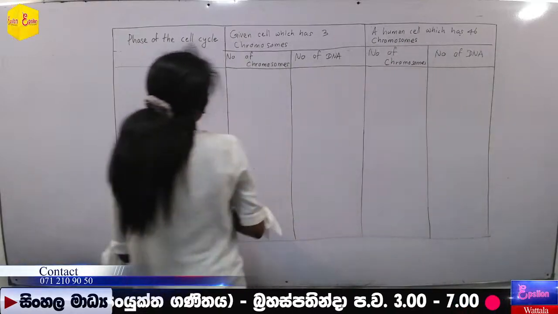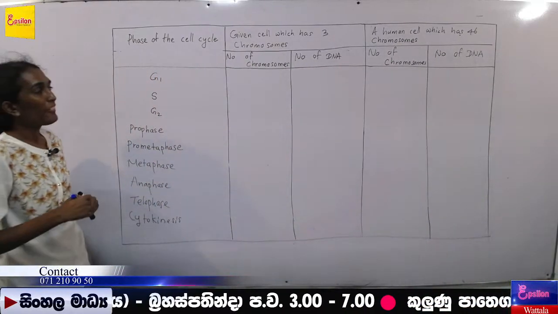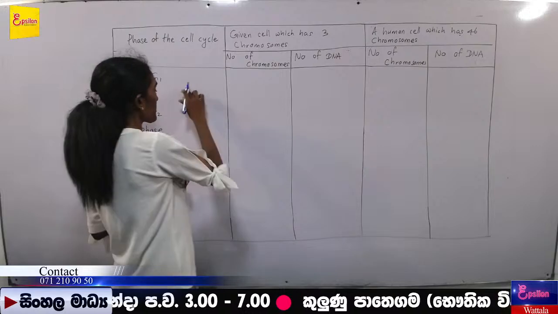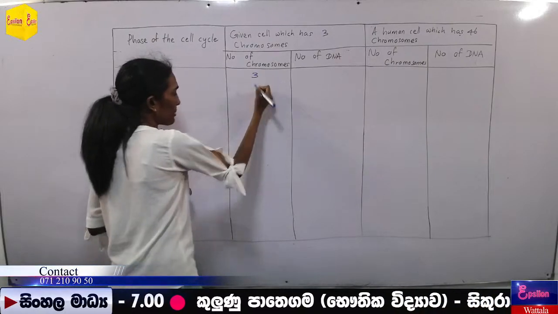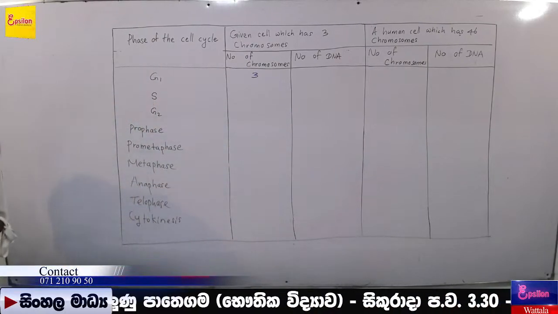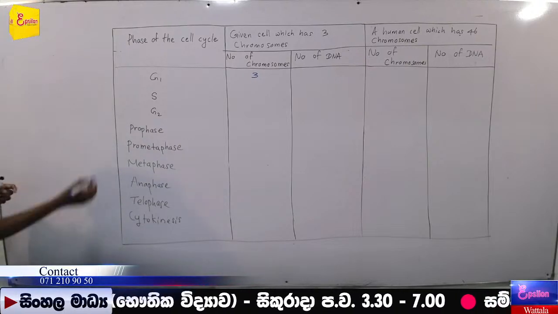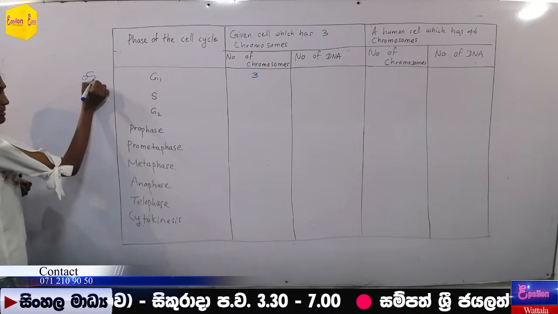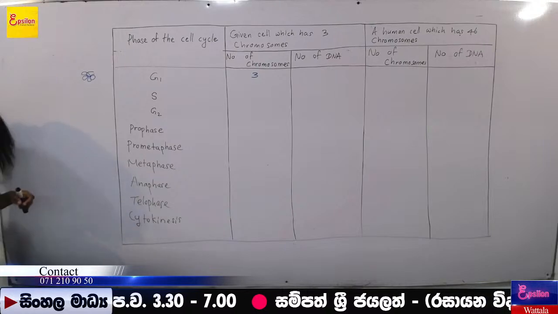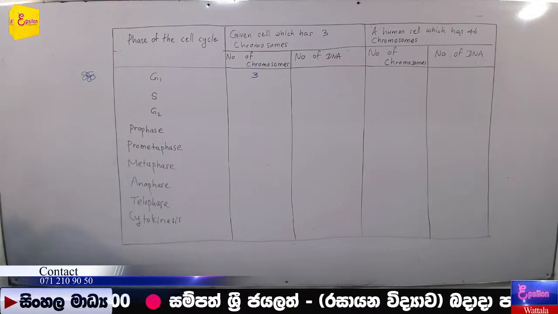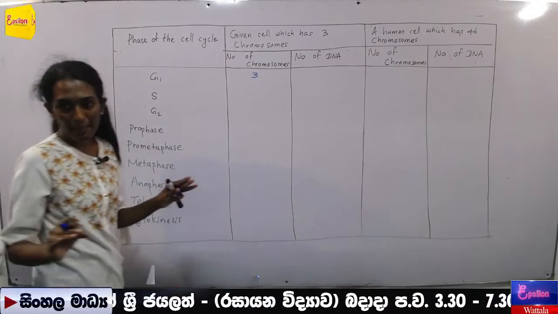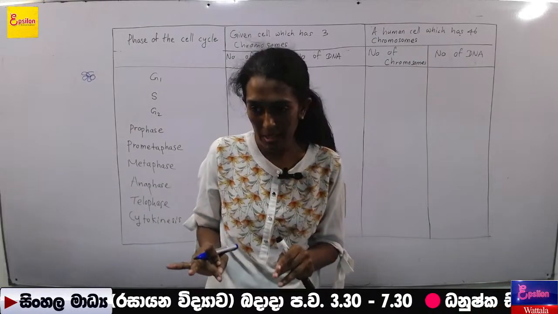Here, this is talking about the given cell which has 3 chromosomes. So at the G1 phase, there should be 3 chromosomes. Do you all agree? Usually at the G1 phase, the chromosomes look like a network of chromatin like this. But even if they are loosely packed, there are still chromosomes in it, isn't it?